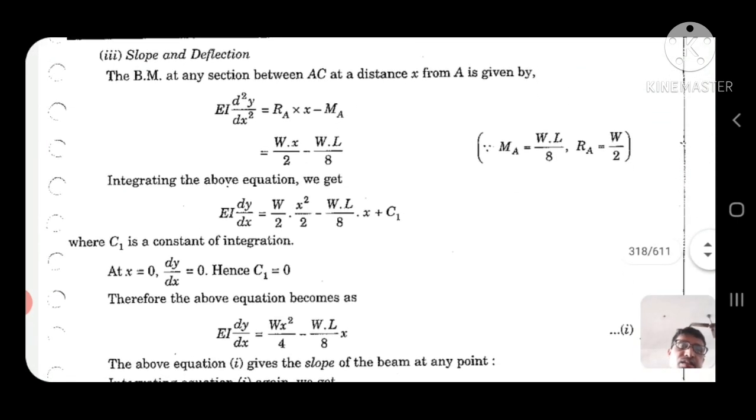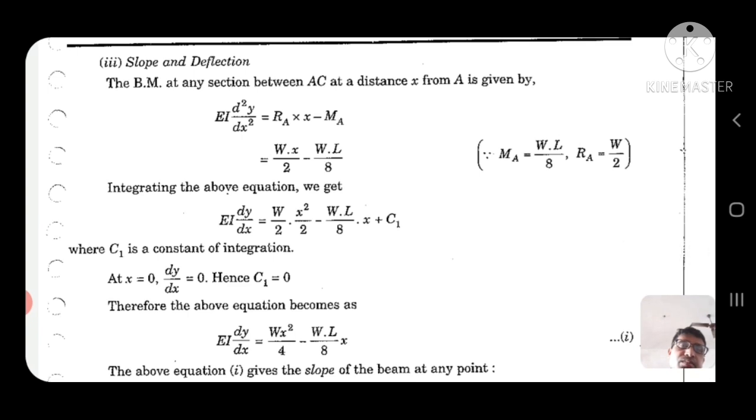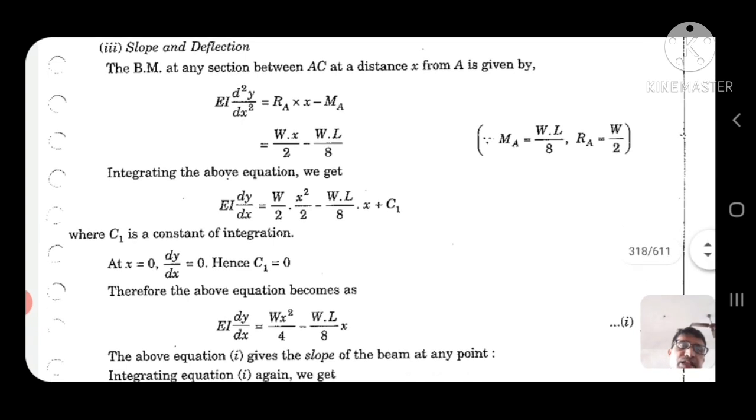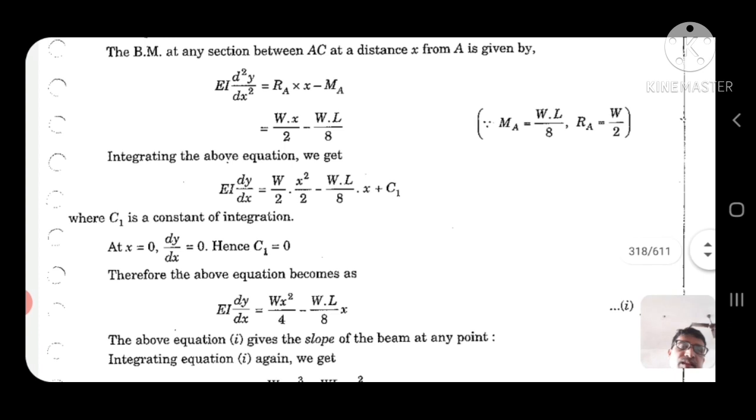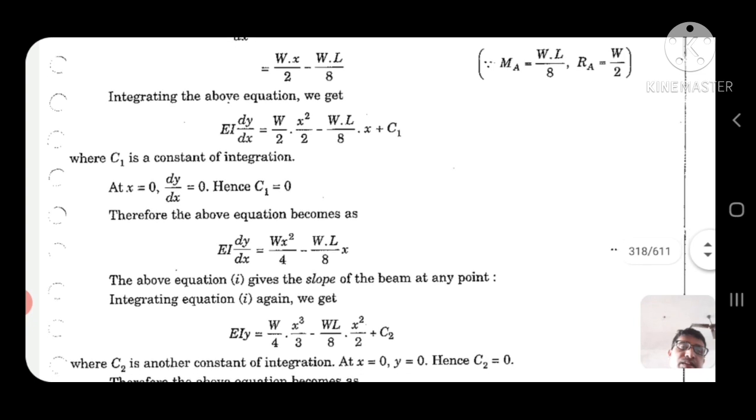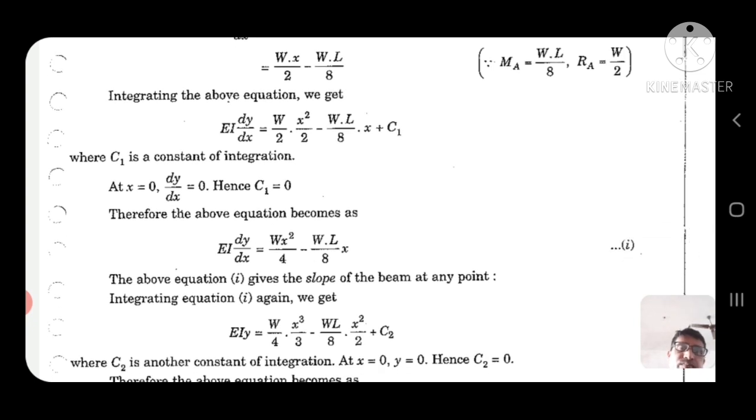Now, slope and deflection. The bending moment at any section between A and C at a distance x from A is given by EI d square y by dx square equals RA into x minus MA, that is Wx by 2 minus WL by 8. Integrating the above equation, EI dy by dx equals W by 2 x square by 2 minus WL by 8 x plus C1, where C1 is the constant of integration.